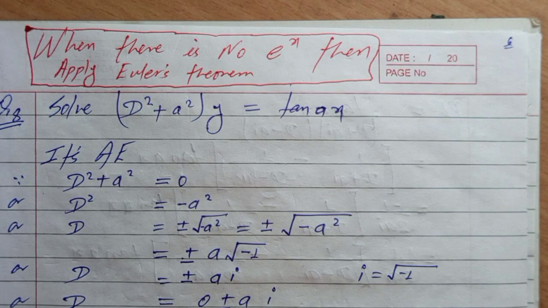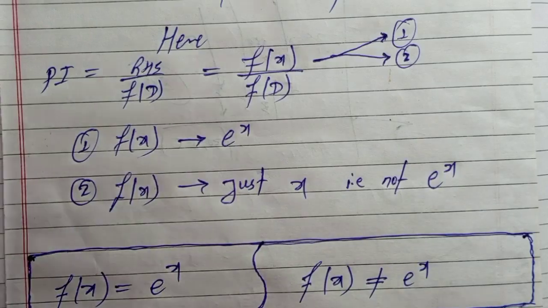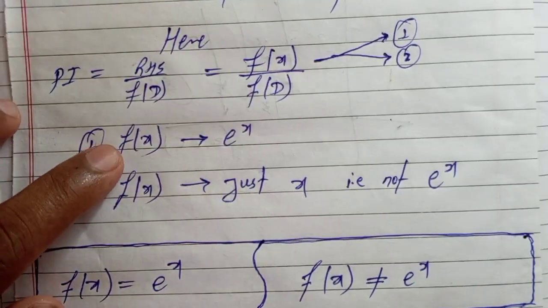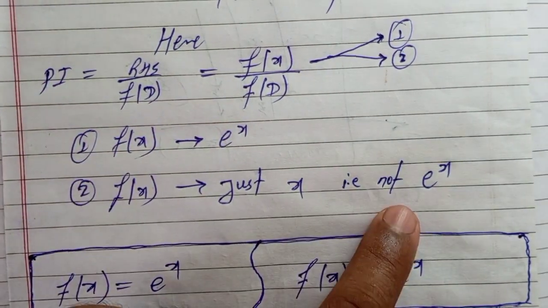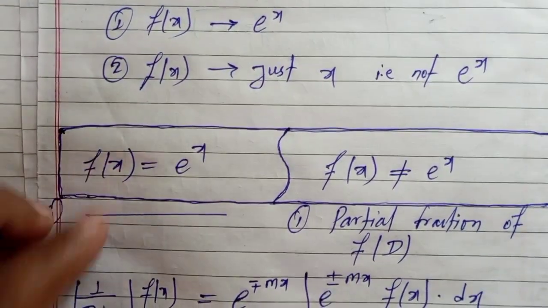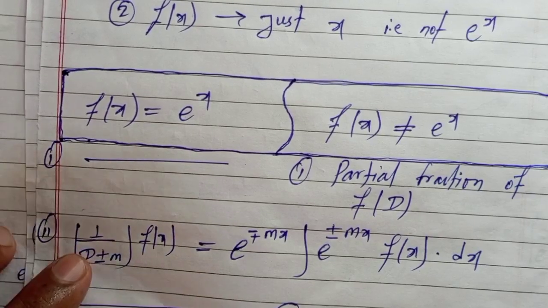As previously we have discussed, these two conditions arise when the function of x has two different forms, e to the power x and not e to the power x. If it is e to the power x, then we just use the formula which is common for both.